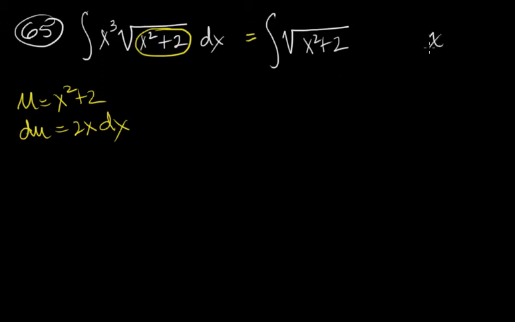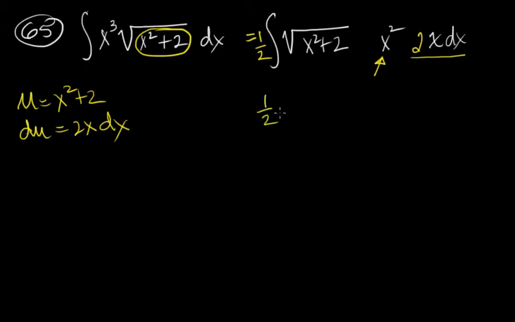And I have an x dx I could use, but I have an extra factor of x squared, don't I? x squared times x is the x cubed. And all I need is a factor of 2 here to turn this into du. So I need a 1/2 out here, and I have an extra factor of x squared.